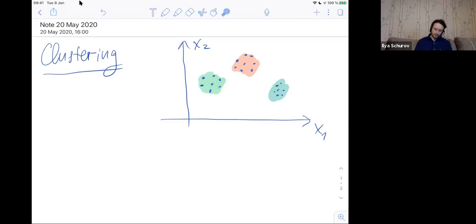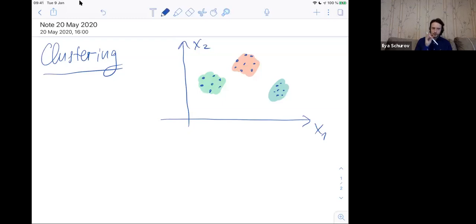How do we find these clusters by visual inspection? What makes these clusters so visible? If we try to answer this question, we see that the idea of this clustering, at least on this picture, is that points inside a cluster are close to each other. And if I take 2 points in different clusters, they are far from each other, at least compared to these distances. So this is our idea.